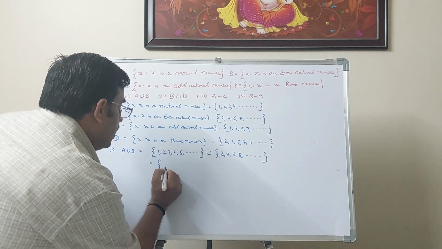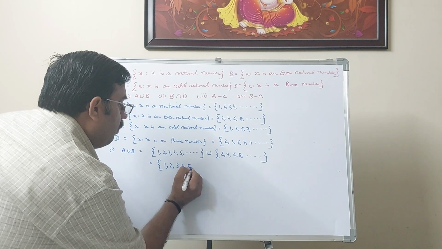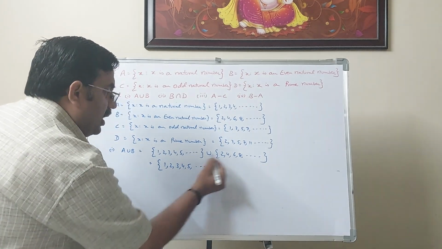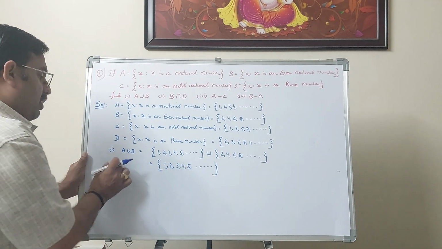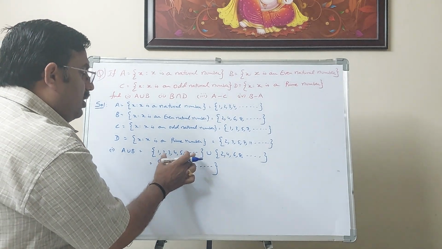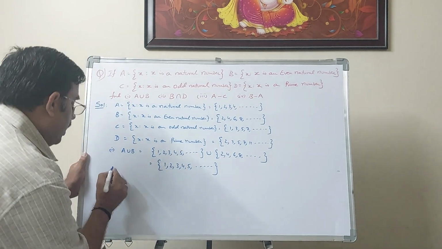So here is 1, 2, 3, 4, 5, and so on. 2 is repeated, 4 is repeated, 6 is repeated, so you get this set. So A union B means you have to write the elements of both A and B, and the elements should not be repeated.